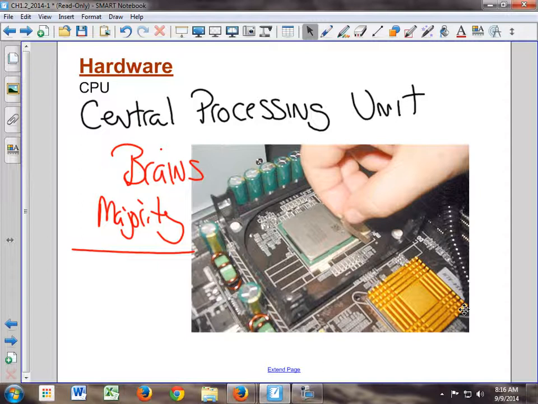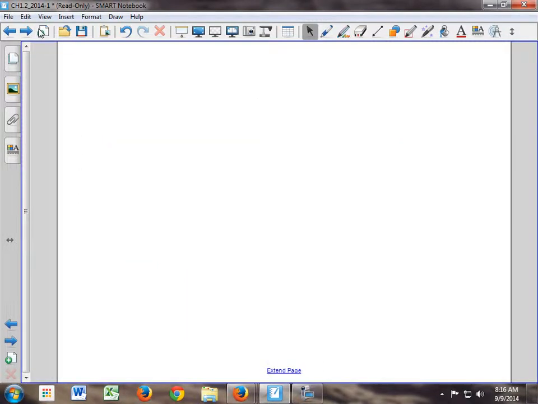There are two different manufacturers of CPUs that we'll learn about. The one that you guys probably do know about is Intel. So the one you see commercials about all the time is Intel, and right now almost all of our computers at National Trail have Intel processors.